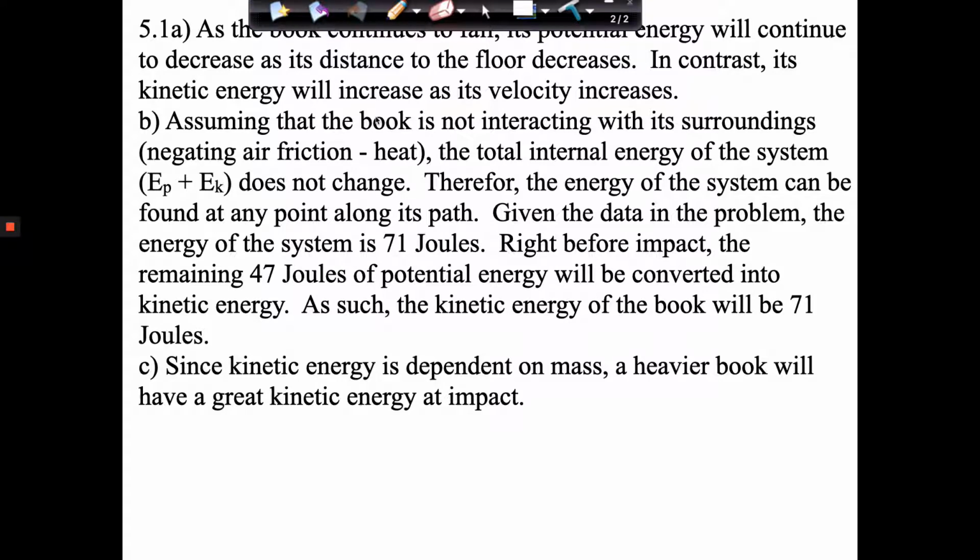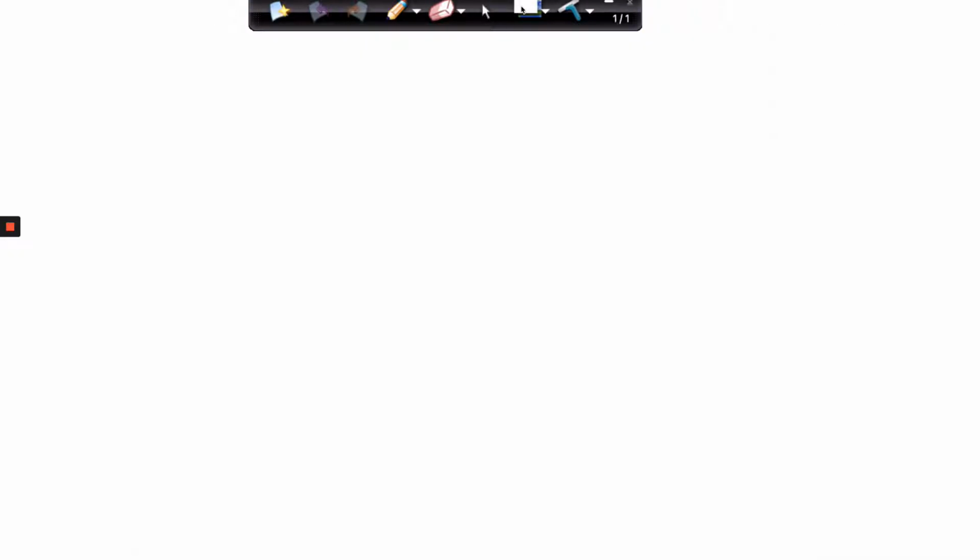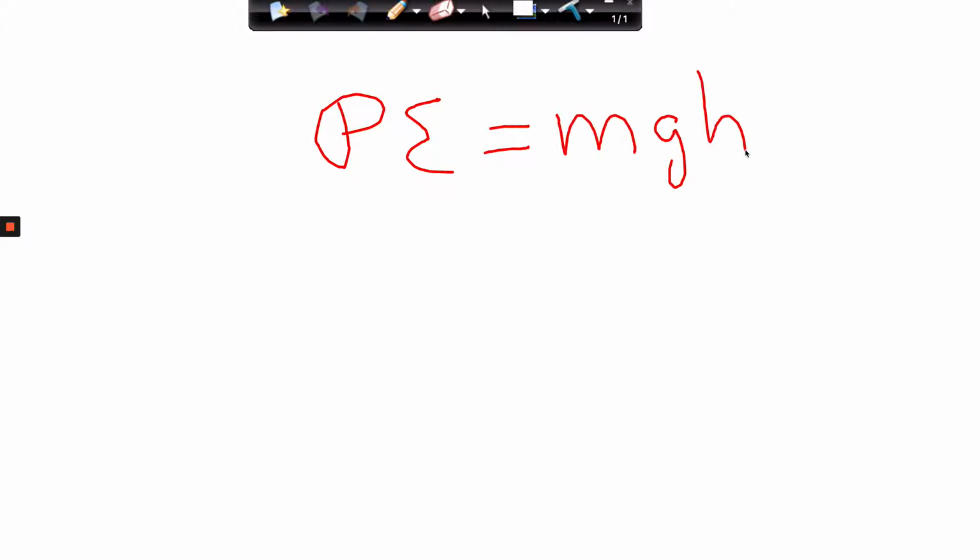So there are several things we can talk about. One is, where does the kinetic energy come from? This isn't something you need to be able to quantify, but the kinetic energy when the book hits the floor is converted potential energy. So the potential becomes kinetic, but potential energy is mgh. So it's the mass, the force of gravity, and the height.